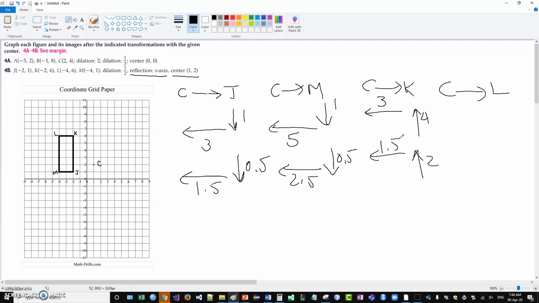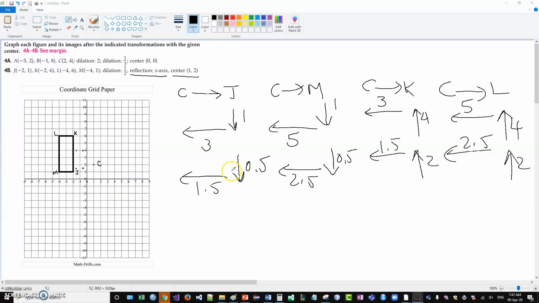Now from C to L, we're going up 4 and then left, this one is 5. So this will be 4 times half is 2 and this is 2.5. Alright, let me plot these points.